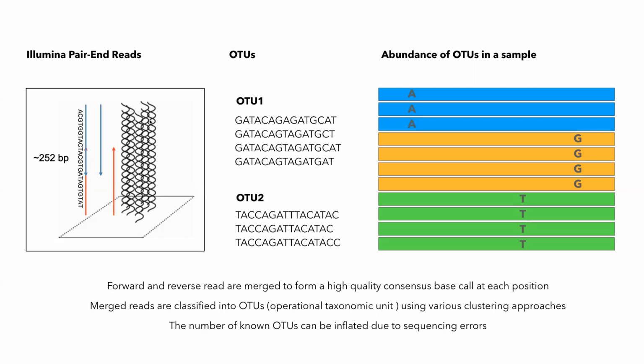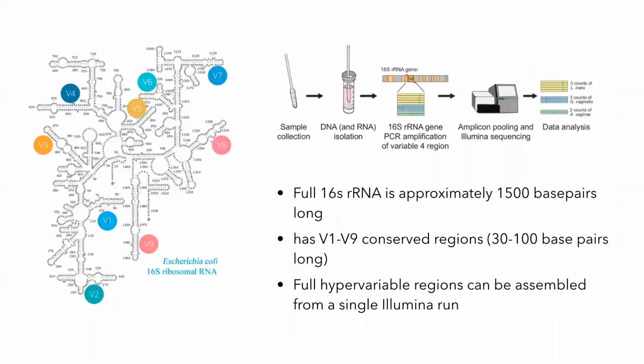So a question here: how to optimize the amplification of the 16S gene prior to next generation sequencing. The bacterial 16S gene contains 9 hypervariable regions. They all range between 30 and 100 base pairs long, and they're all involved in the secondary structure of the small ribosomal subunit.